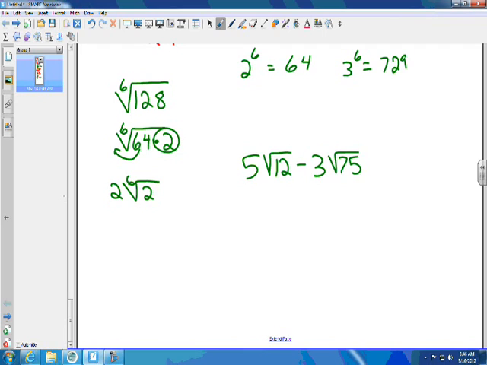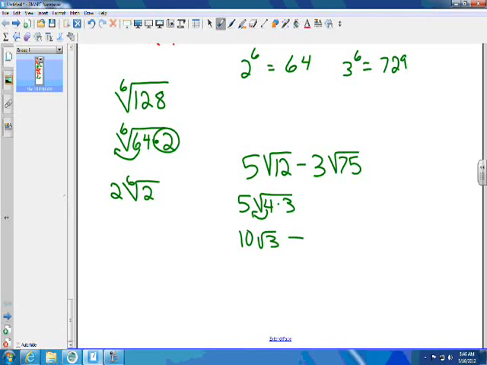Simplify. So, is 12 a perfect square? No. So we find the biggest perfect square that goes into 12, which is 4. So we would change that to 5 times the square root of 4 times 3. What's the square root of 4? 2 times 5. And we have 10 square root 3 minus, so we do the same thing with 75.